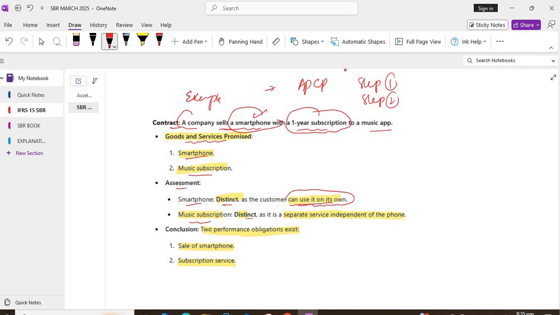Music subscription is also distinct because it is a separate service independent of the phone. So both are separate goods and services, and both meet the criteria of distinct goods or services. So the two performance obligations exist in the sale of the smartphone and the subscription service.